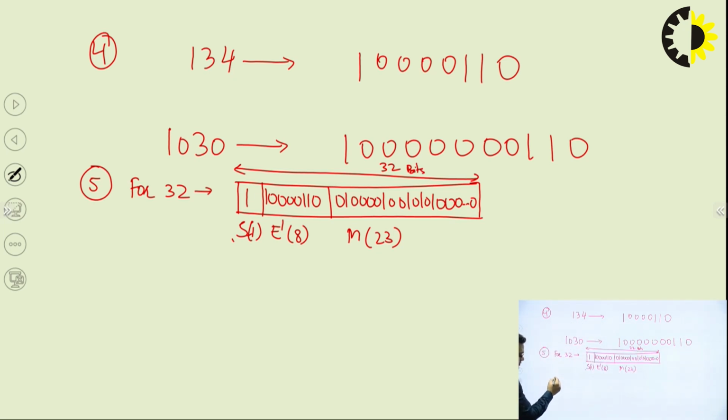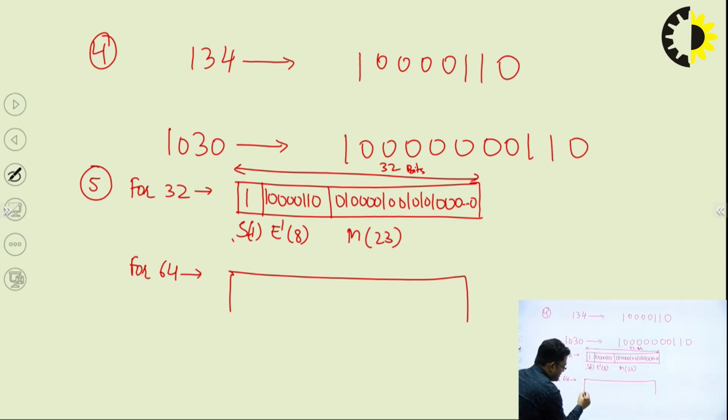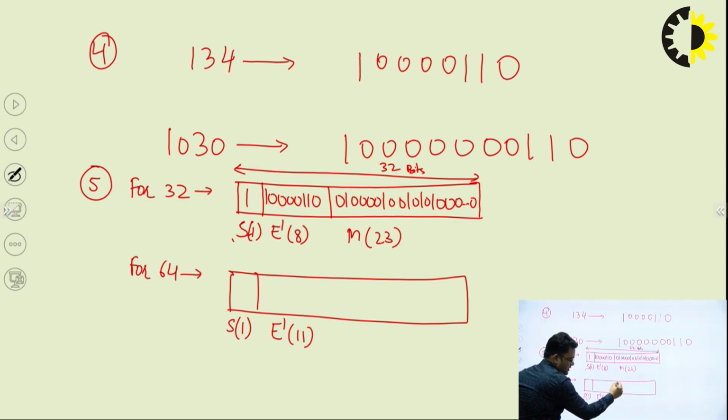And last, for 64 bits. Tell me, how many bits for sign? Again 1, very good. For biased exponent, perfect, 11. And for mantissa, 52, very good. So now we need to represent in this given format. The sign bit is again 1.